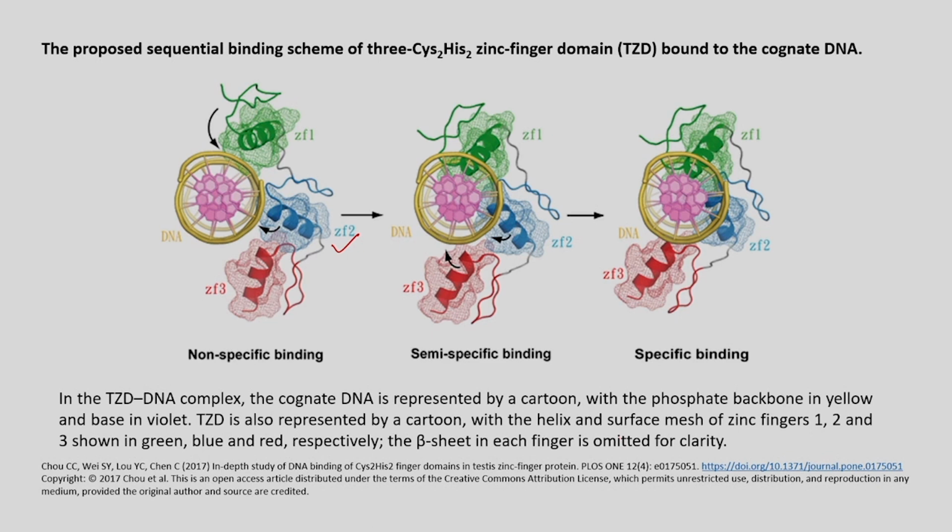Initially, the C2H2 zinc fingers bind to the DNA in a non-specific manner, and then you can see that zinc fingers 1 and 2 gradually try to interact with the bases in the center to find the cognate sequence.